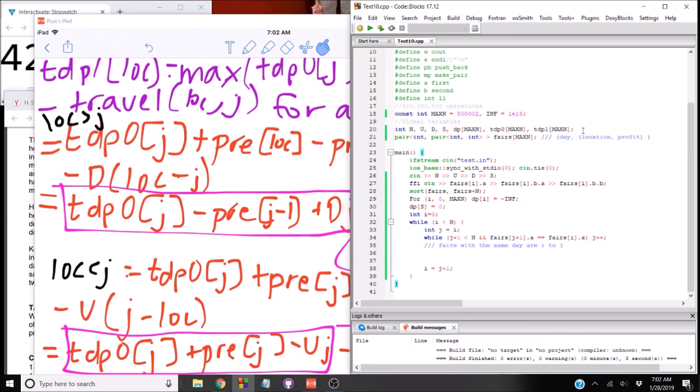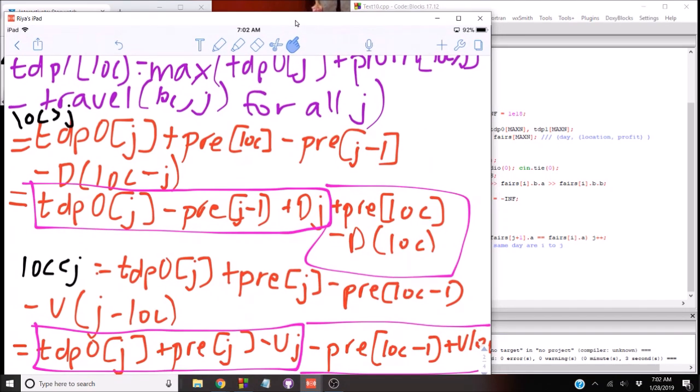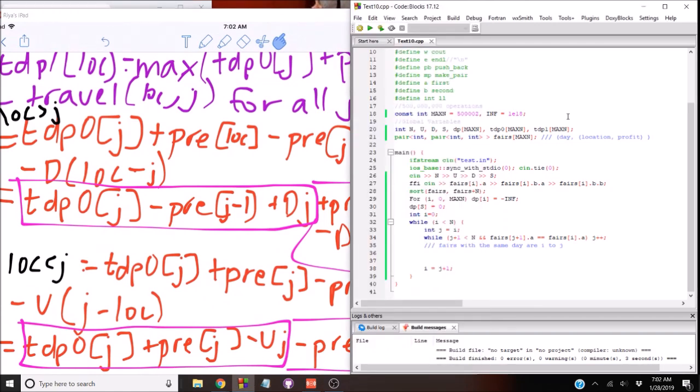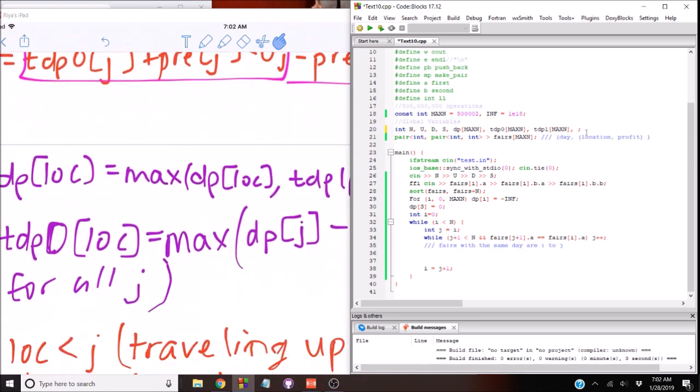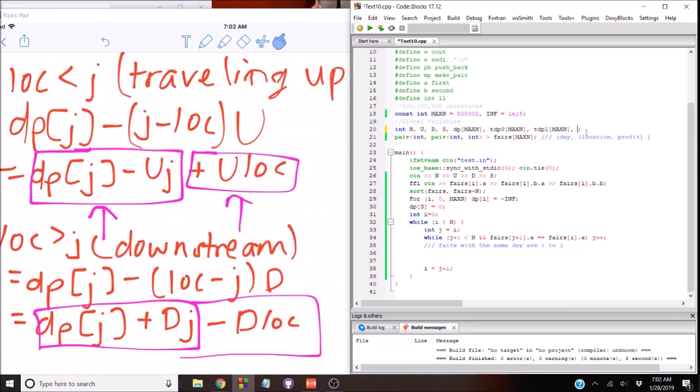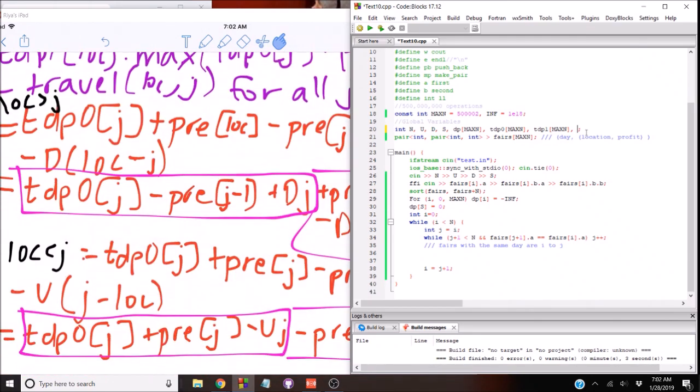Alright, now I need to make the segment trees. Let's see, what should I call them? Okay, I think I'll call the ones here T0 D, so this TDP plus d[j].